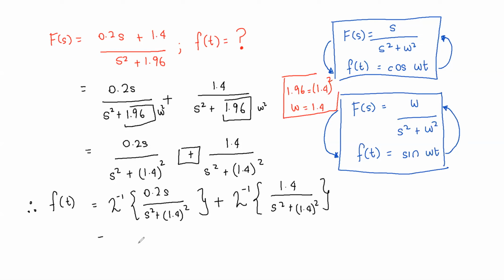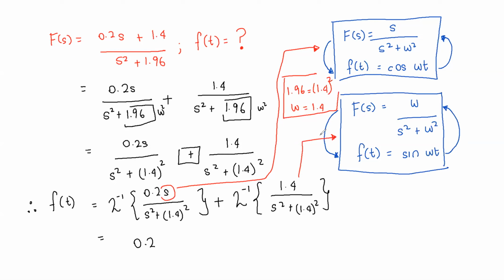The first one has s on top, so it is similar to the first pair, and the one without an s is similar to the second pair.